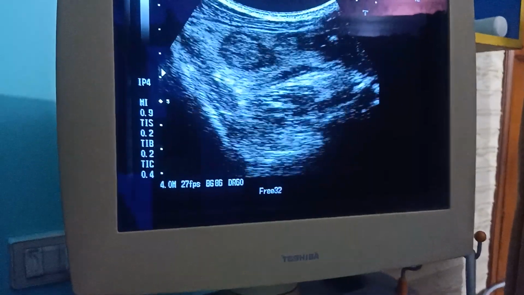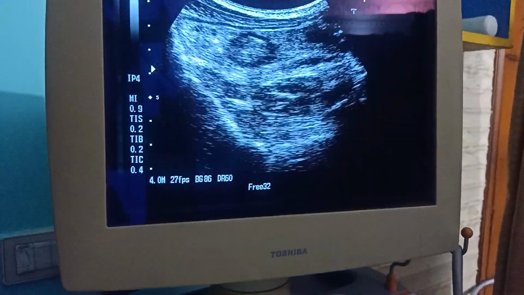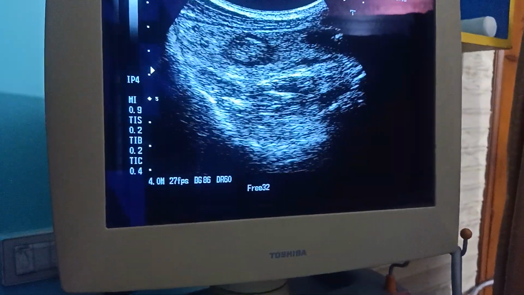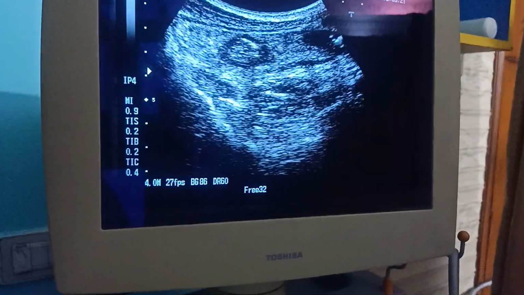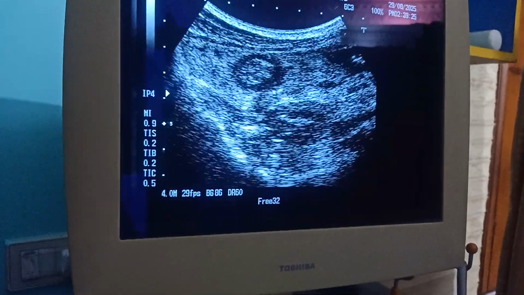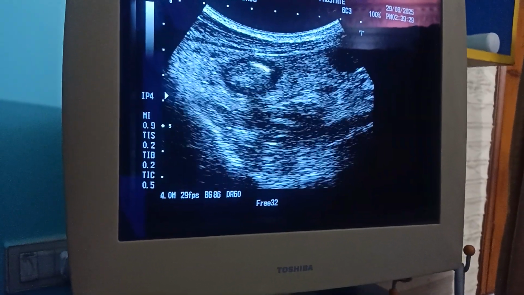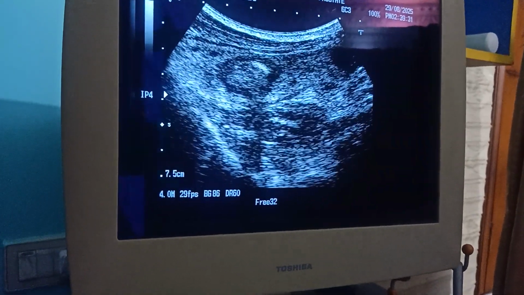We have to be really careful while scanning the guts. So here is the case. Patient has to undergo investigations to come to the definite diagnosis for the gut walls, why they are thickened. Here it is. Thank you.